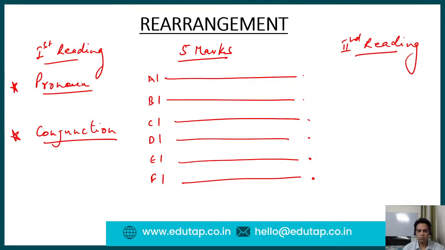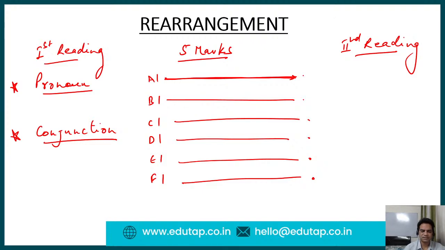While giving it the first reading, we are going to look for pronouns and conjunctions. We are going to read a sentence and see if it has any pronouns or conjunctions. What we need to remember, guys, is that the first sentence most probably will not hold a conjunction or a pronoun.